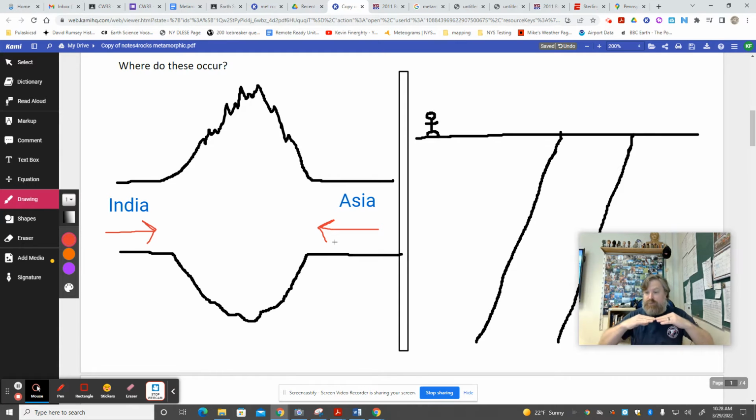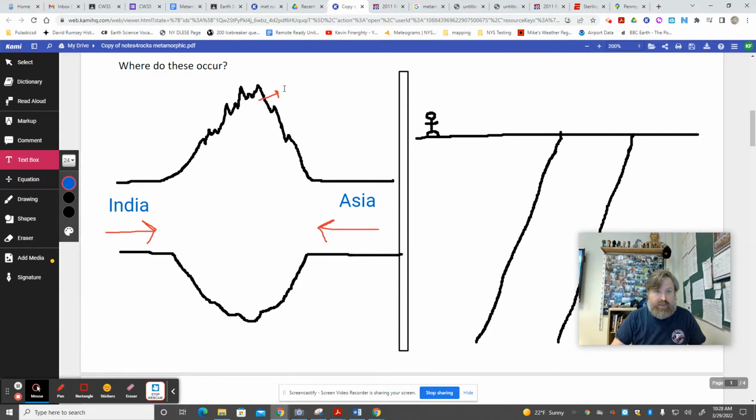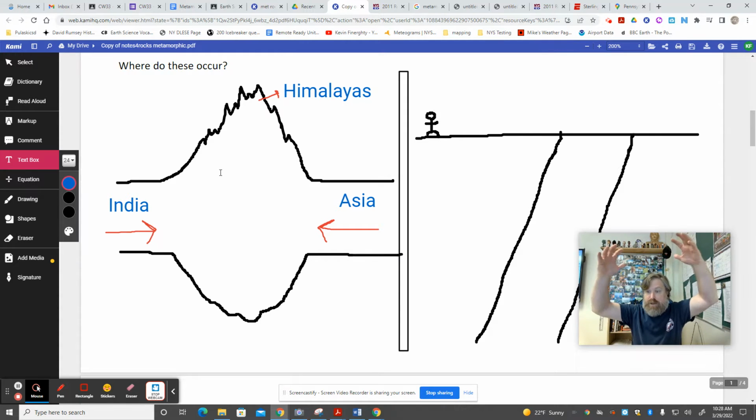If you've seen cars in a movie ever do a head-on collision, they hit and the hoods get all crumpled up. That's happening here. A head-on collision of two continents, and the crust is getting all smashed up. And this gives us what presently today is the largest mountain range in the world, the Himalayas. Uplifted because of this collision, making it our tallest mountain range.